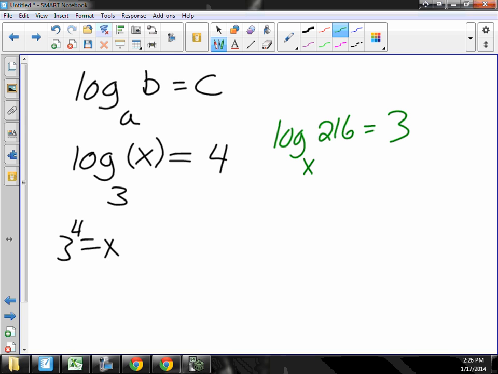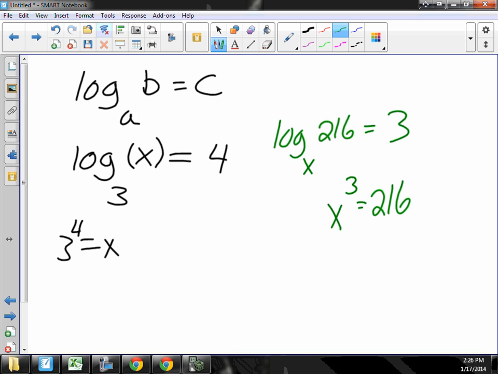So if my a value is missing, how do I solve that? Divide. So you're trying to use the product or quotient rules? Right, I just convert to exponent. x to the 3rd equals 216.